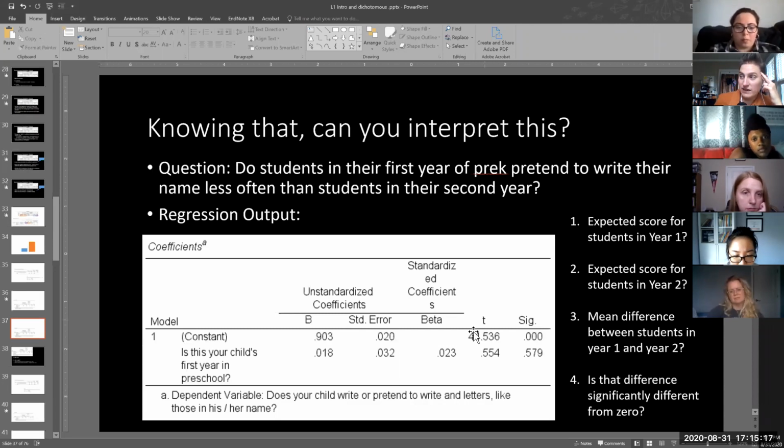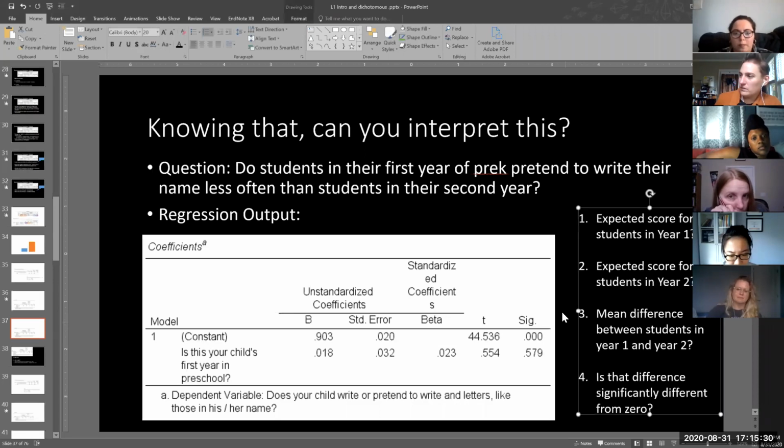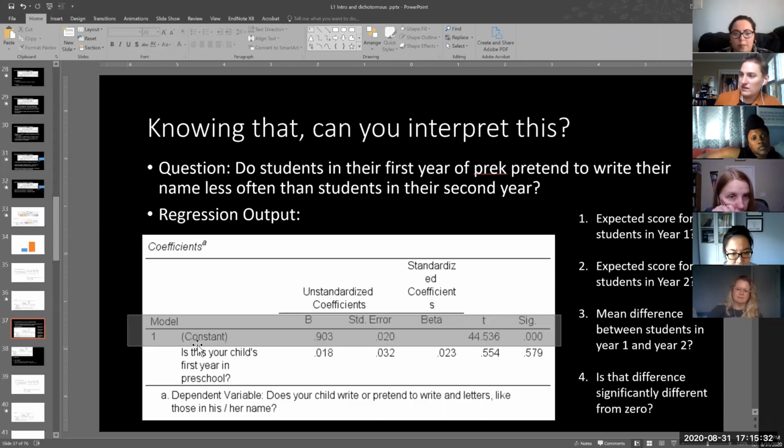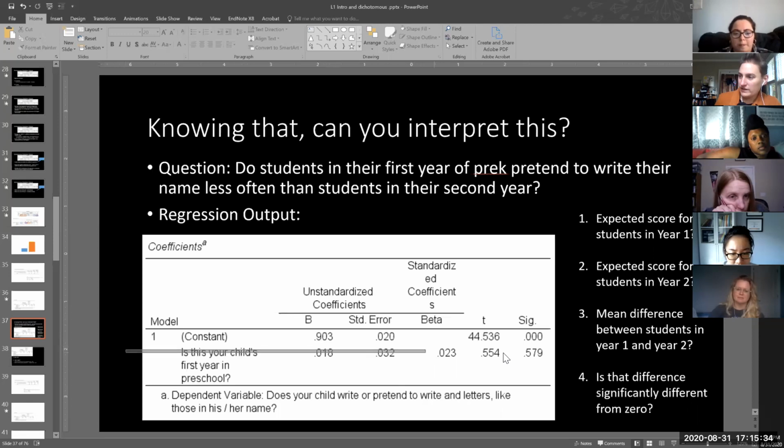This is the t value, which you probably had to look up in a table at the back of a stats book. This is just doing that automatic stuff for you. So this right here is the significance of this 0.903, whereas this line right here is all about whether this 0.018 is significantly different from 0.